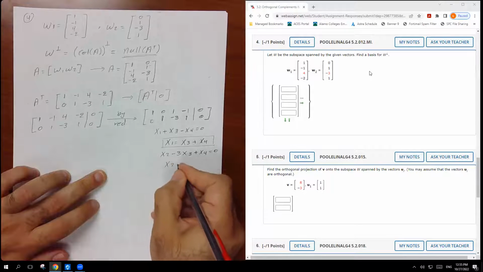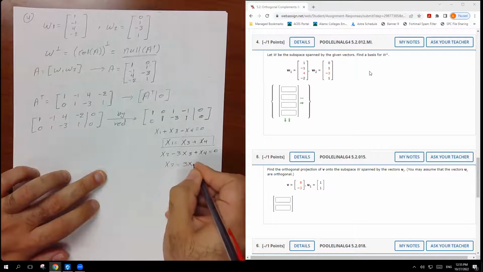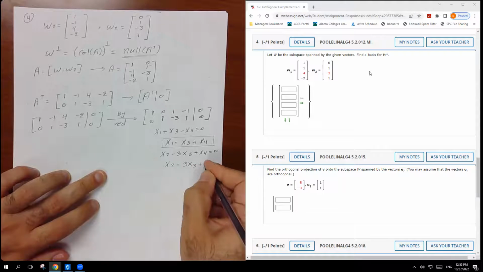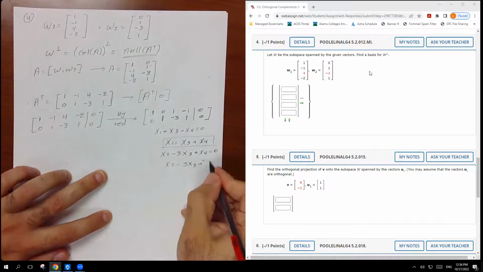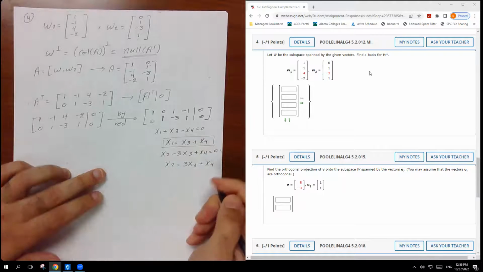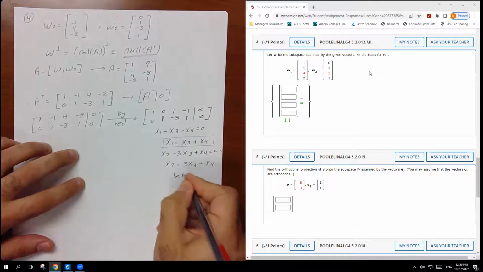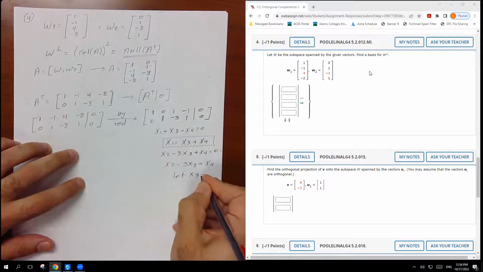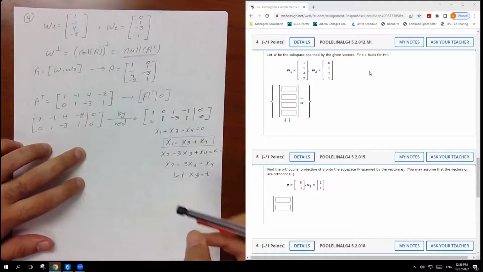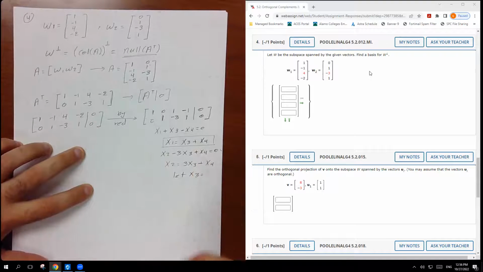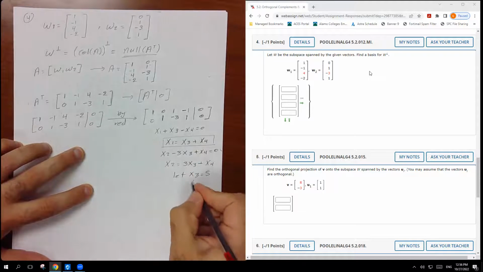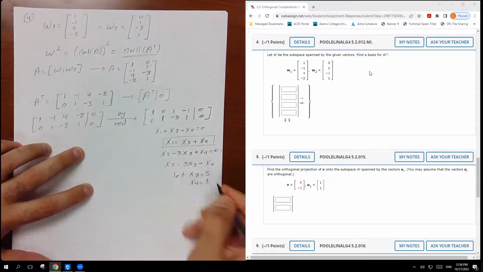That means x2 is going to be 3x3 minus x4. So let x3 equal s, doesn't matter, and x4 equal t.